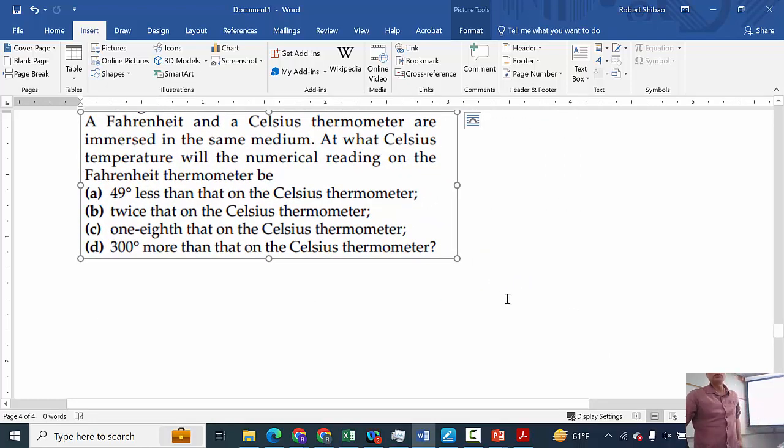I'm going to do B, and which one do you want to do? B or A? Or I'll do A. Which one do you want me to do? All four. How about I'll do B?